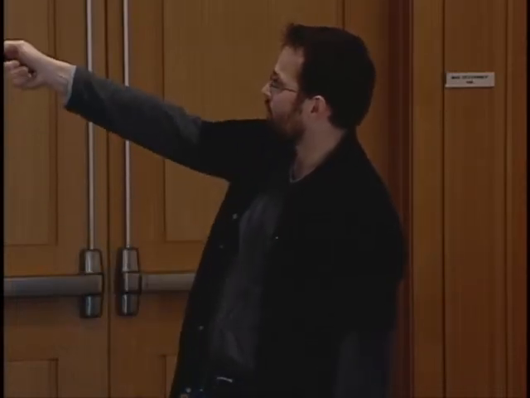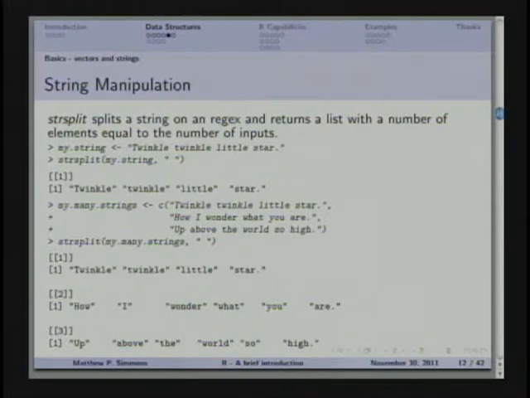A vector of 4 strings. If I assign another variable and I call it my many strings, and in this case it's a vector of 3 strings, and I run the same string split, now I get a list with 3 elements, 1, 2, 3, and you see what's going on there.